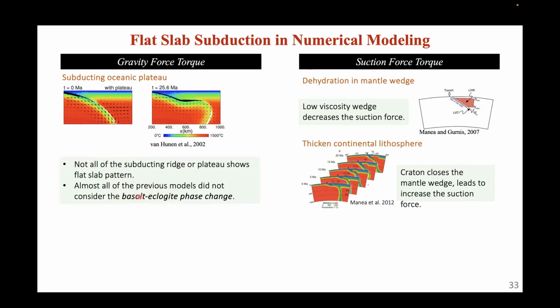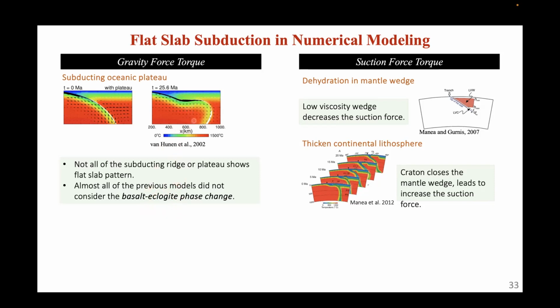But once basalt changes to eclogite, it is denser than the mantle, so it becomes negative buoyancy. It will make the slab higher angle than the typical basalt. So typically, to generate a flat slab, people will try to avoid the basalt-eclogite phase transition.